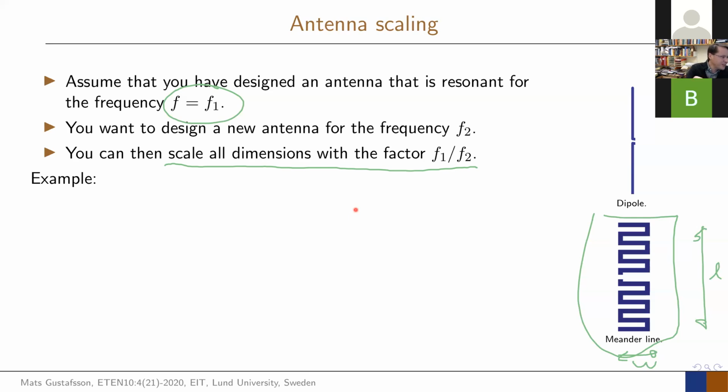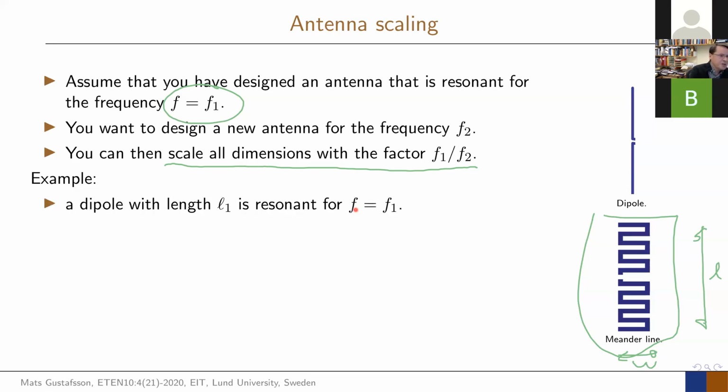But the basic idea is just look at how big your antenna is in wavelengths. And if you want to have it at another wavelength, just take the quotient between those wavelengths and change all dimensions. It's valid as long as your materials do not depend on the frequency. And in the microwave range, like gigahertz, that is in general true. It's not true when we go to optical antennas, which we will talk about later in this course. There the material starts depending on frequency, which makes it harder in some cases.